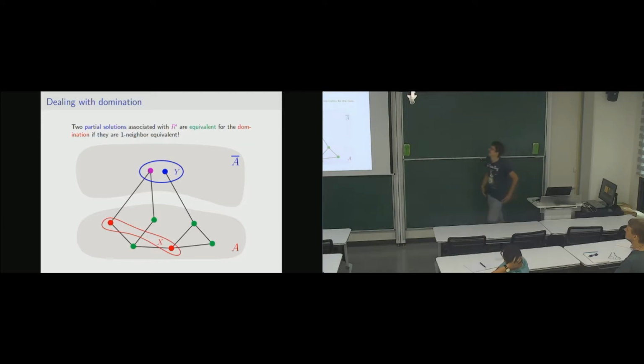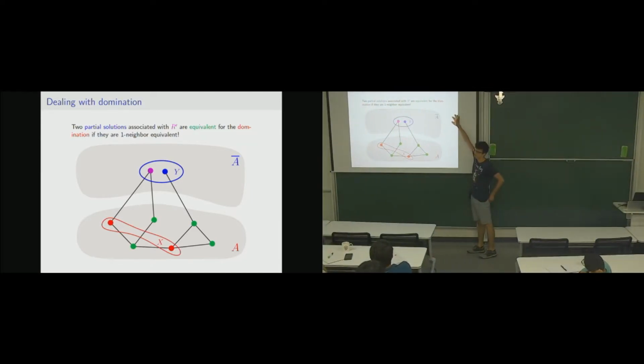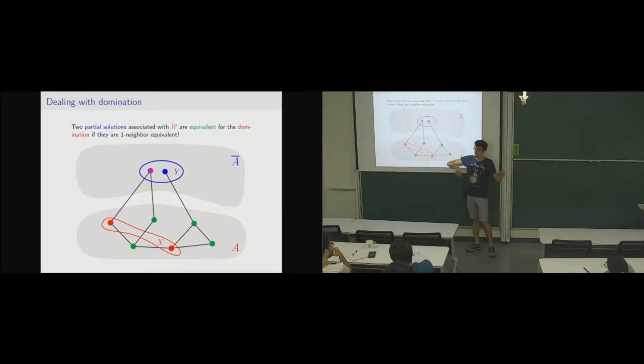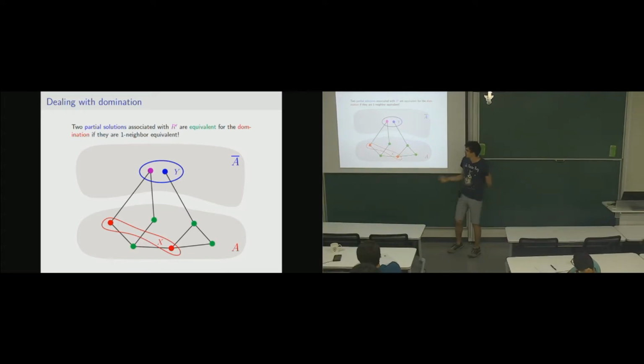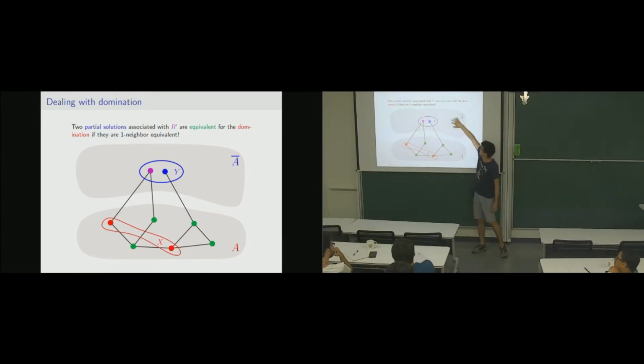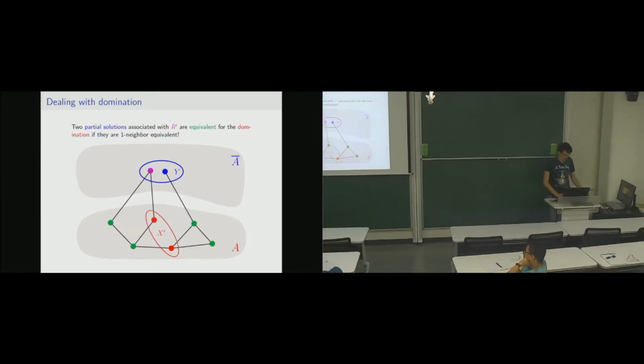Now what I claim is that two partial solutions are equivalent for the domination, I mean that one will give a dominating set with Y if and only if the other will give a dominating set with Y also. So they are equivalent for the domination if they have the same neighborhood in the complementary, so if they are equivalent for the one neighbor equivalence.